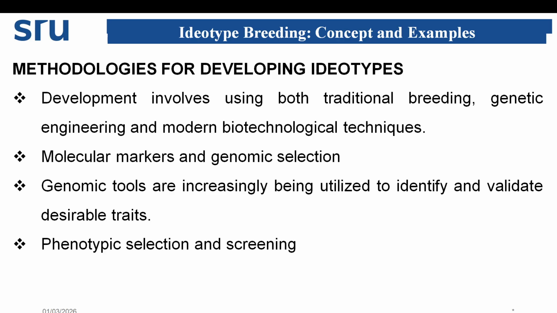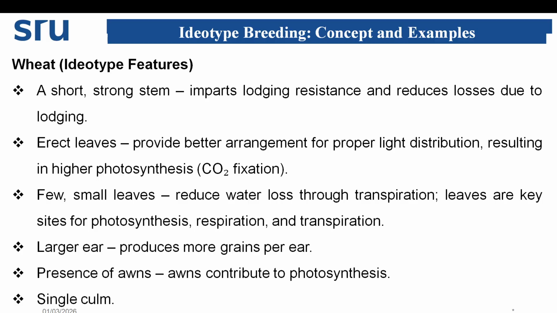And after that, last but most important, that is phenotypic selection and screening. So these are some methodologies you can adopt for development of ideotypes. Now we will see crop examples one by one.